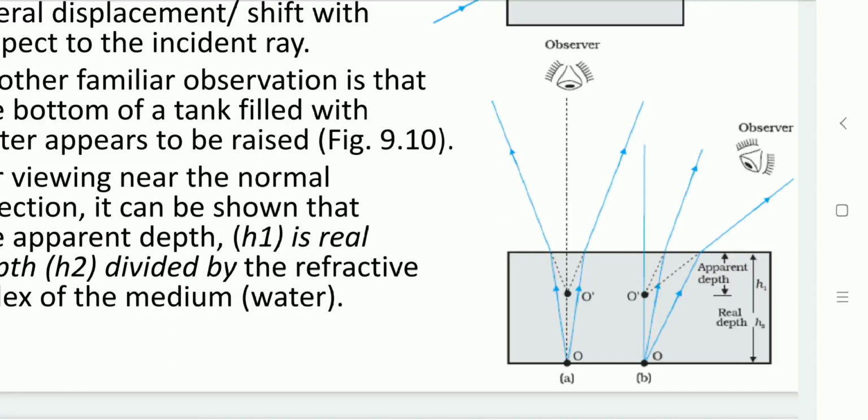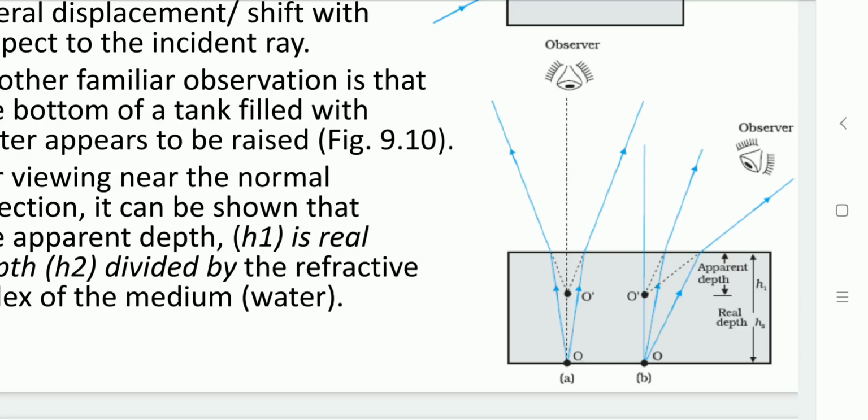But the actual depth of the water is up to the bottom O, that is H2. The real depth of the tank is there, but it appears like the depth is only up to O dash, that is H1. So based on the displacement or the shift angle, this kind of illusion occurs.